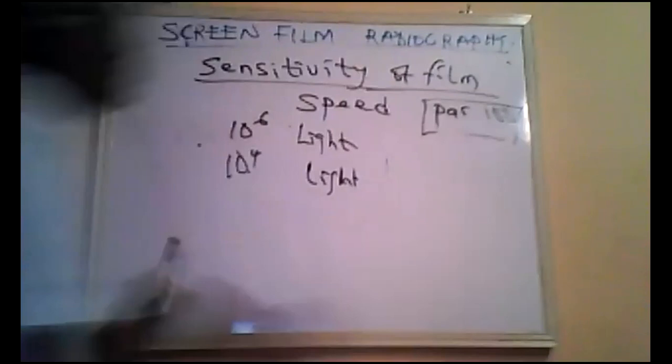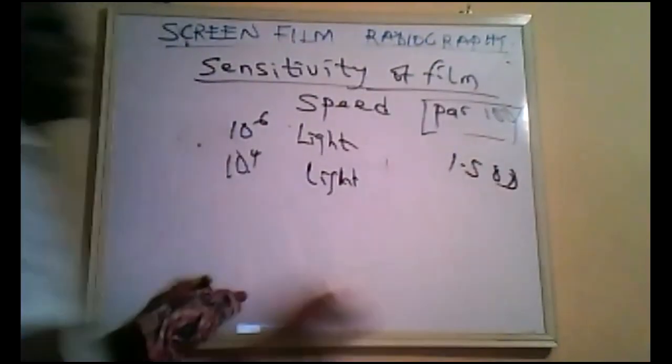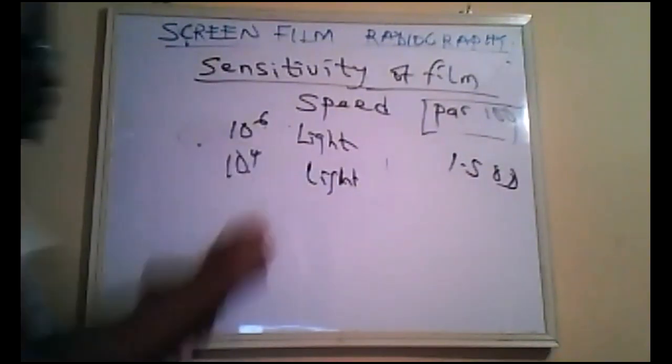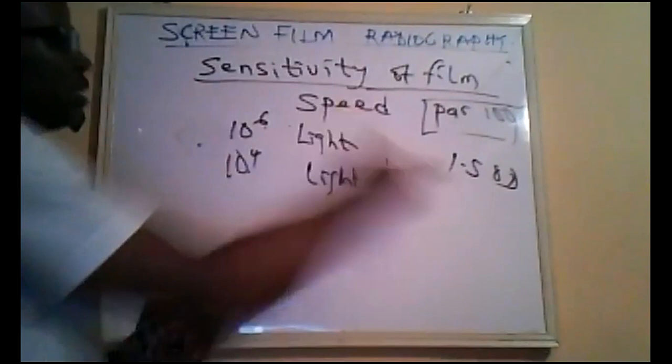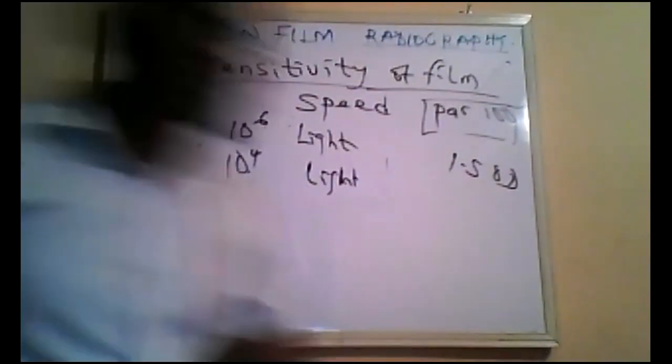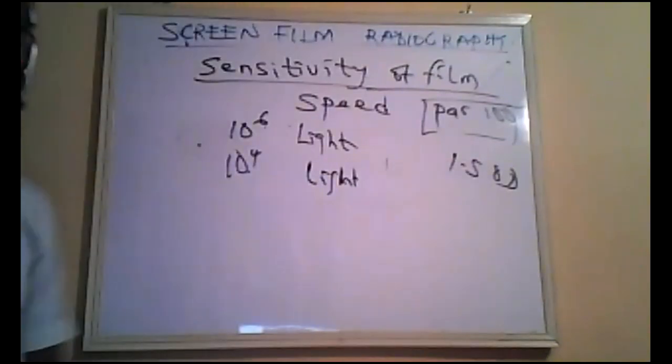Say I'm looking at an optical density of maybe 1.5 OD, and this one used 1 million and this one used 10,000. This one has a better speed because it has used fewer light photons to achieve the same optical density of a film.